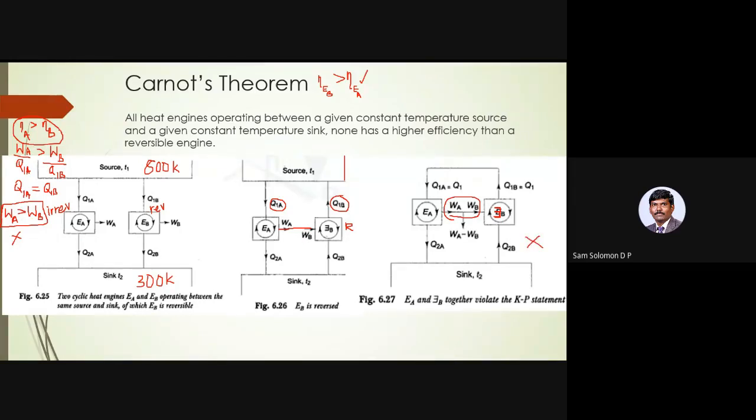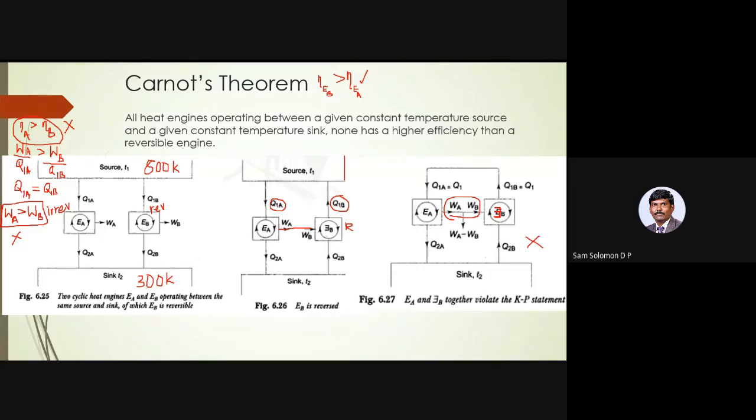Because I didn't accept Carnot's theorem, it ends up violating the Kelvin Planck statement. So now we are able to prove that the reversible engine is going to have more efficiency than the irreversible engine. It is like giving a proof from the negative point of view. Hope it is clear to you.